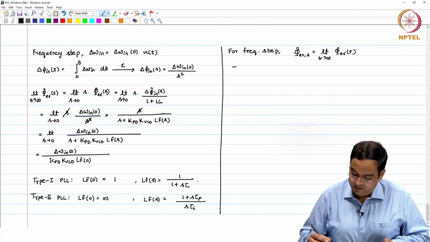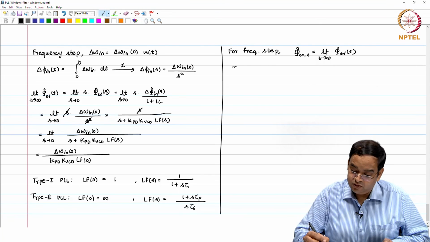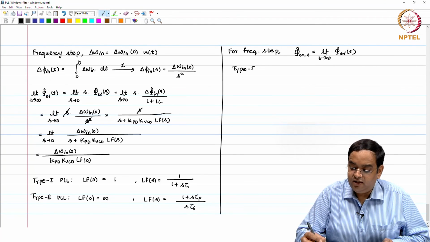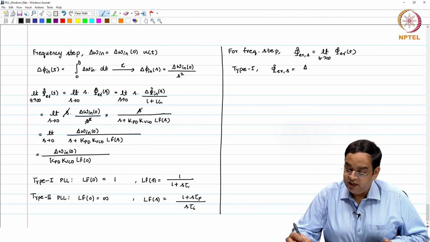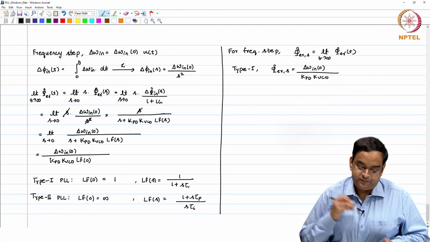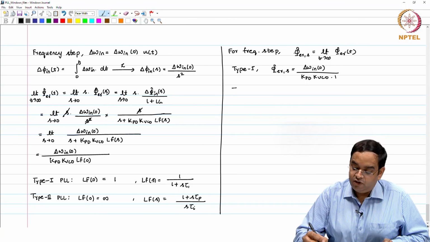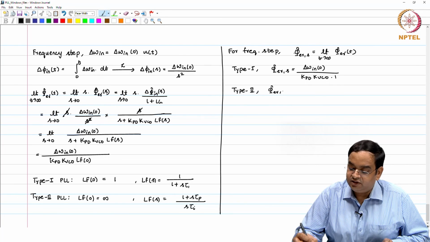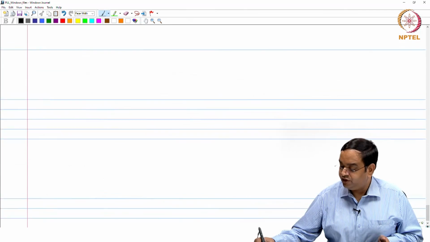For type 1 PLL, phi error steady state is equal to delta omega in, whatever the frequency step you provided, by kpd into kvco times 1. Okay. For type 2 PLL, what you see is phi error steady state, because loop filter of 0 goes to infinity, is equal to 0.